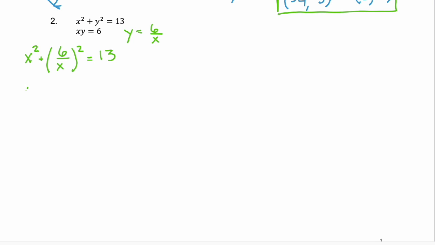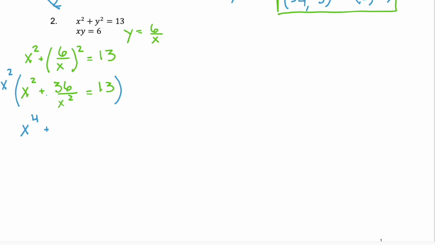Okay, let's square what's in the parentheses. And we get 36 over x squared equals 13. Our brains absolutely hate fractions, so let's multiply everything by that common denominator of x squared. We'll get x to the fourth for our first term.